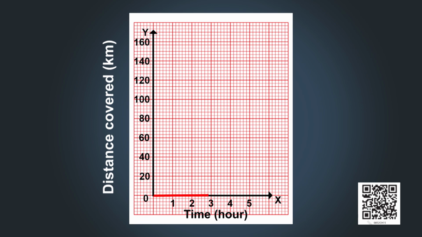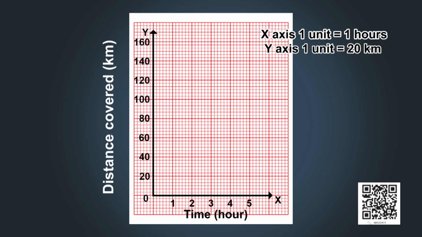First, we will mark the time on x-axis and the distance covered in y-axis. Take the scale as 1 unit equal to 1 hour on x-axis and 1 unit equal to 20 kilometers on y-axis. The coordinates of the points are (1, 40), (2, 80), (3, 120), (4, 160). Plot the points and join them to get a linear graph.